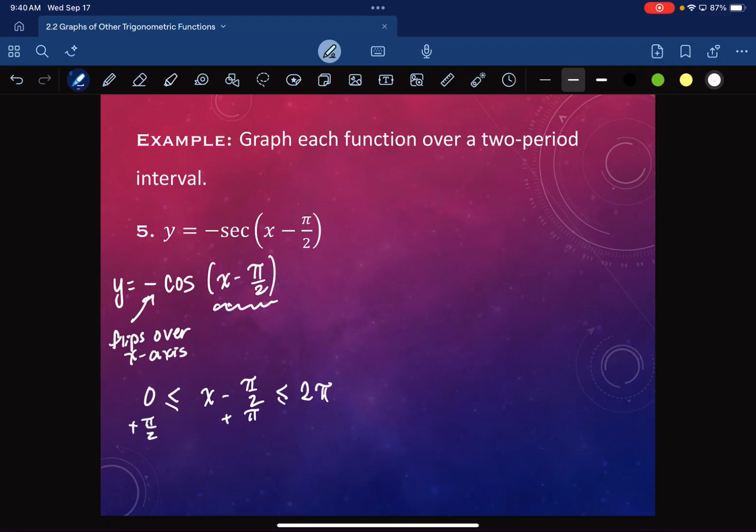Fantastic. Add my pi over 2. The left side's lovely. That's pi over 2. The middle is x. What is the right-hand side? It's 2 pi plus pi over 2. It's 5 pi over 2. Okay, so we're going to come over here. We're going to draw this.